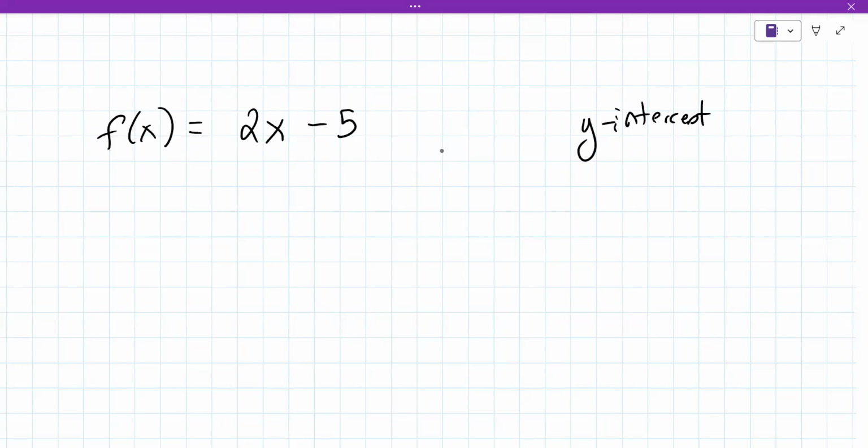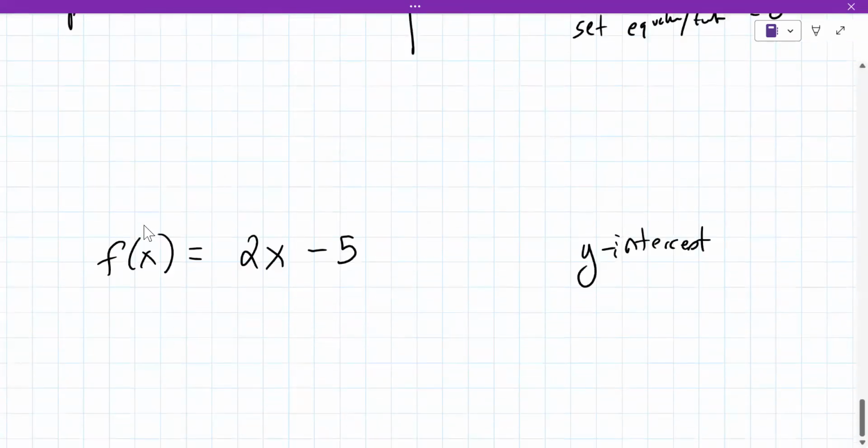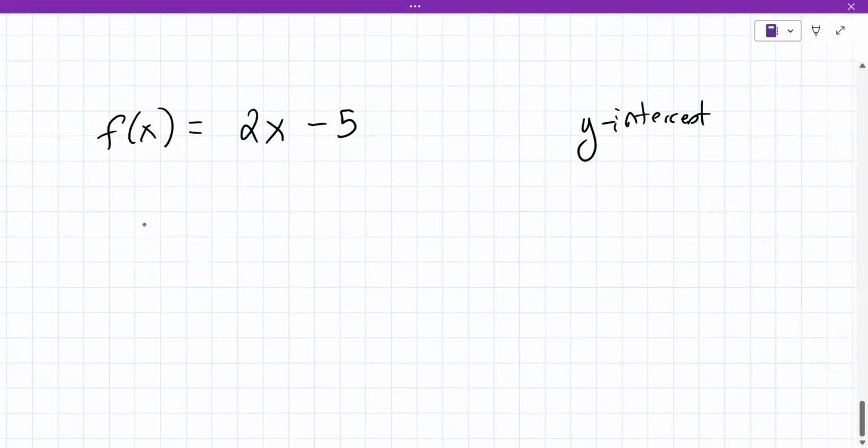I'm sorry, I'm really slow today. Like I said, I want you to be able to tell me which one you're doing. Are you setting x equal to 0 or y equal to 0? x equals 0. And you said it correctly. So you're putting 0 in for x. You have to find f of 0.